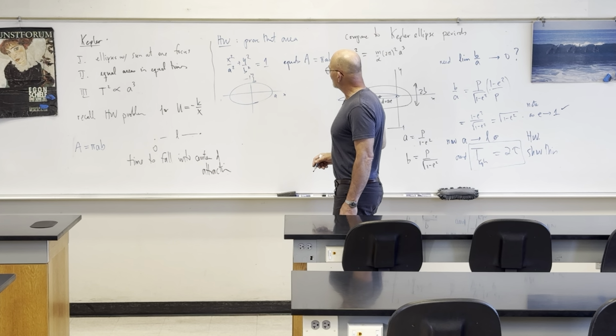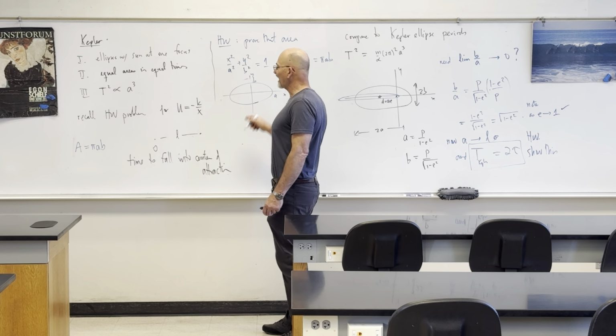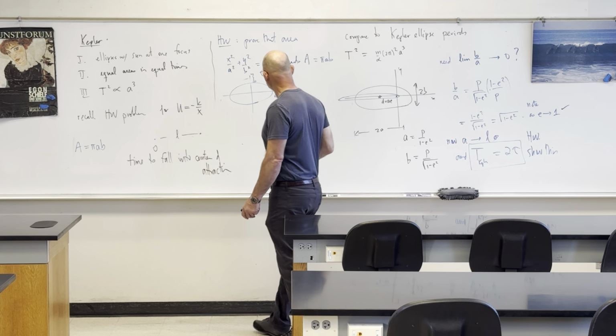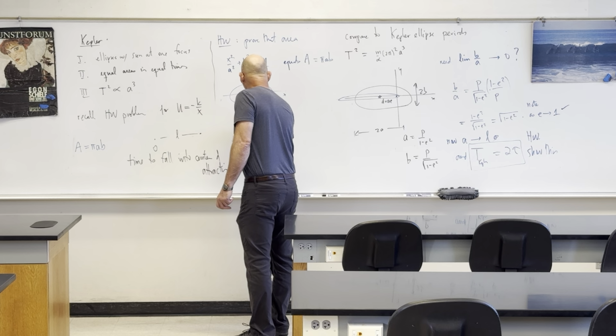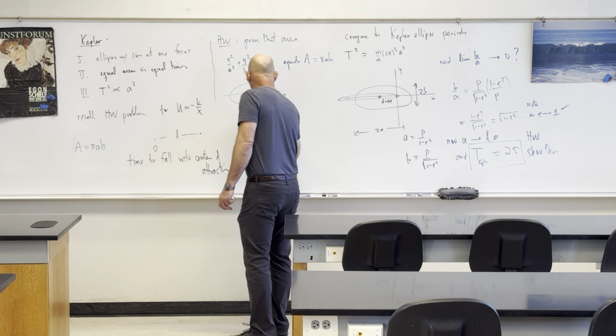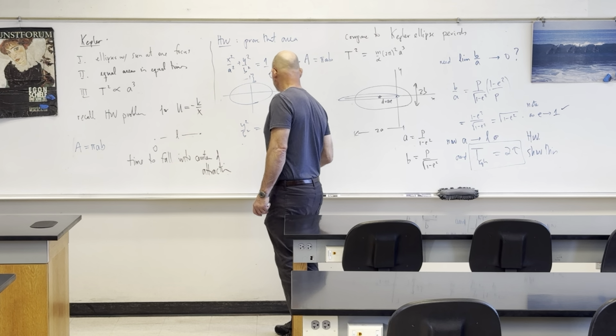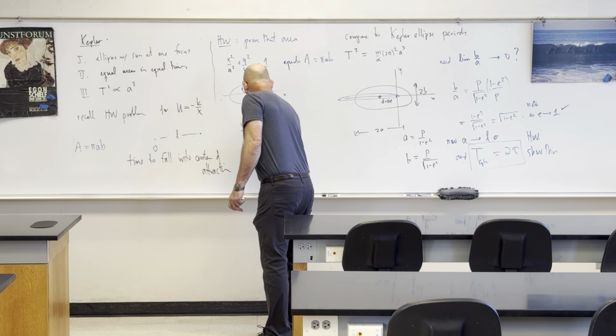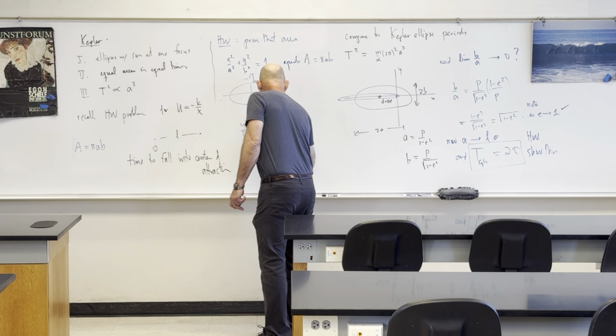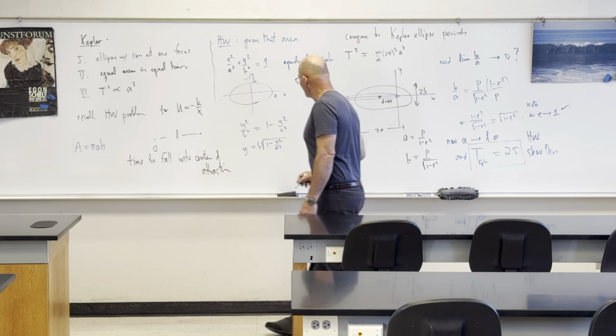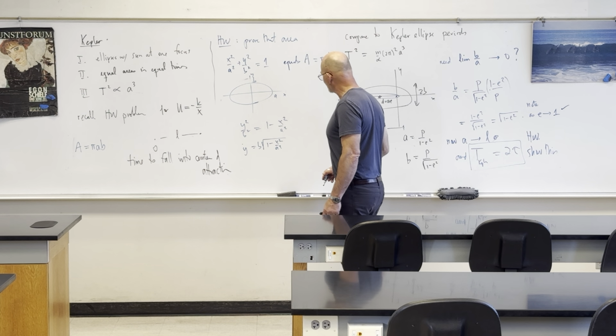And what you can do for this, you can even just take the first quadrant. You can say y squared over b squared is equal to 1 minus x squared over a squared. So y is equal to b root 1 minus x squared over a squared. And say you integrate this in the first quadrant.